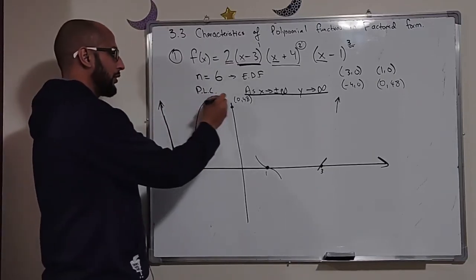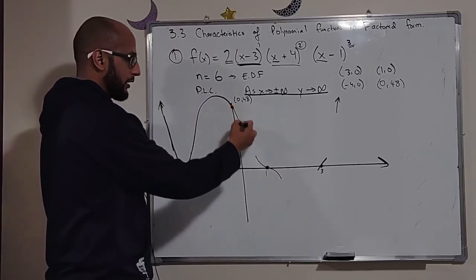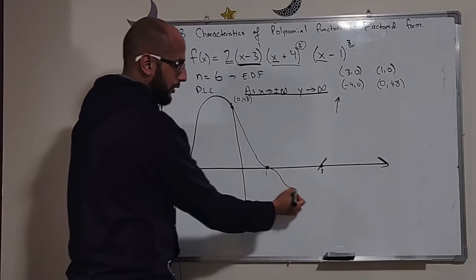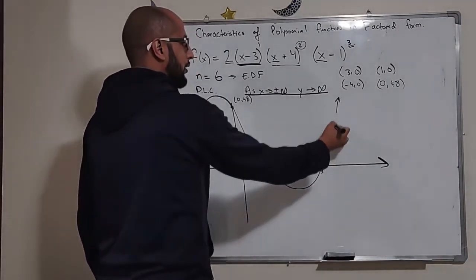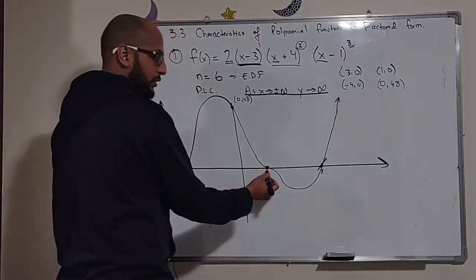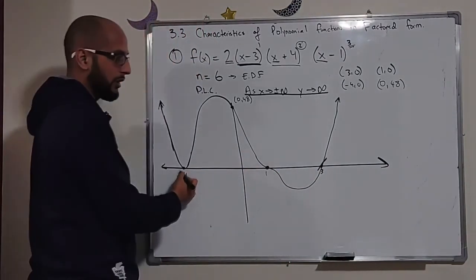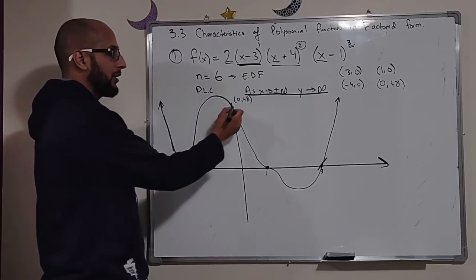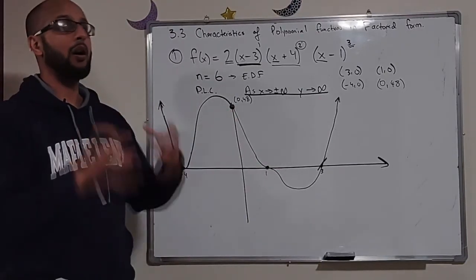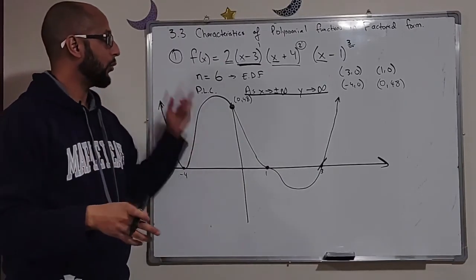I can go up, it has to go through the y-intercept, connect here, go down, and then connect back. As long as it passes through 3 as a line, passes through 1 in a cubic manner, passes through -4 as a parabola, and we have a y-intercept of 0, 48, there is a possible graph of what this function could look like.